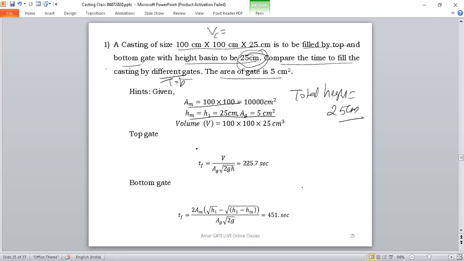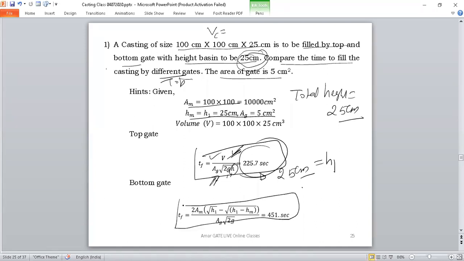So we'll apply this formula first. Volume of casting is area times H. If you put all this, you will get this value. You know the volume, you know the area of the gate, and H is your 25 centimeters, that is H1. Then this formula will apply: area of mold, H1 total, Hm.